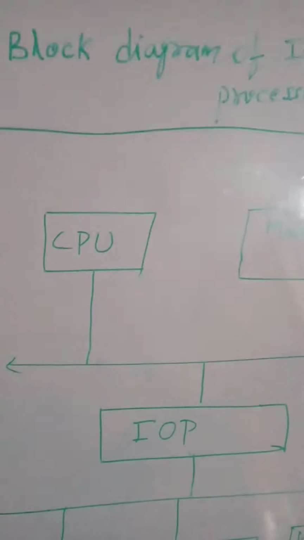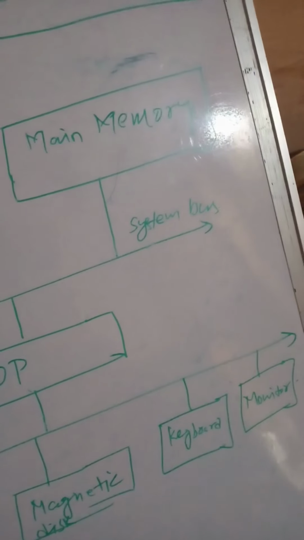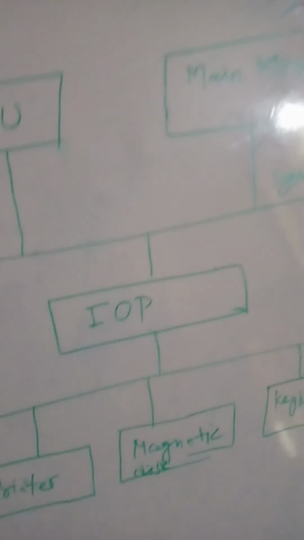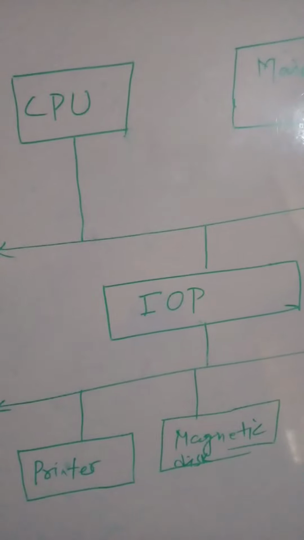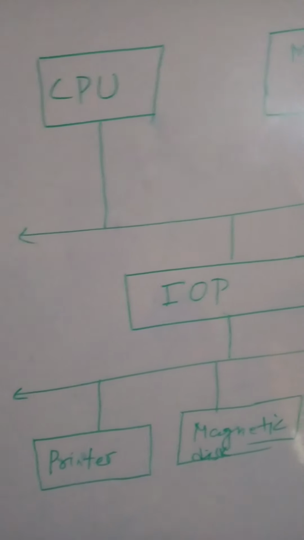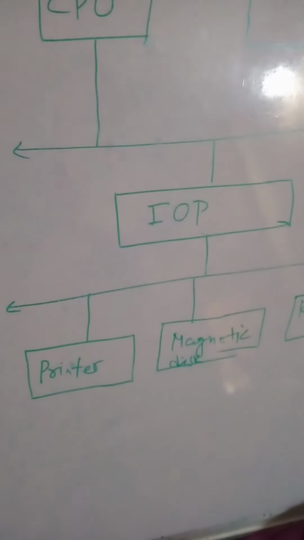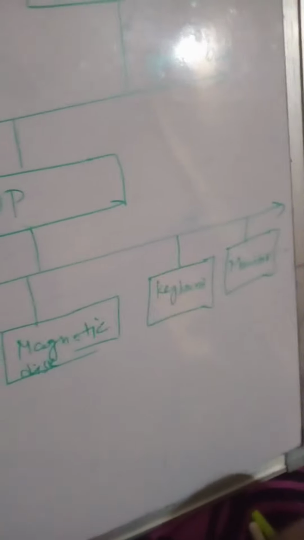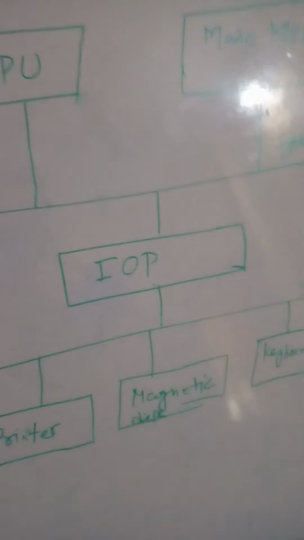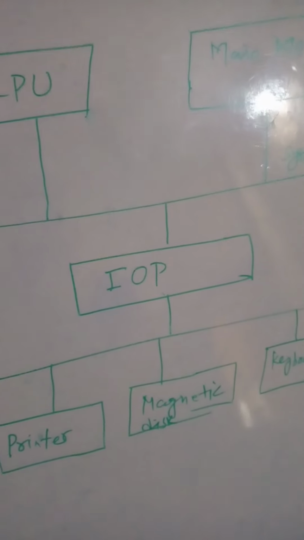The block diagram is shown in the figure. CPU and main memory are connected through bus, and between the CPU and main memory bus and other IO devices there is a processor, that is IOP, input-output processor. This processor can manage all the IO devices that are connected into the system.